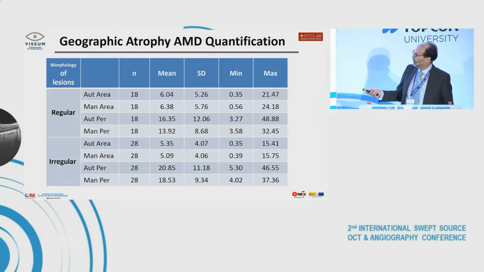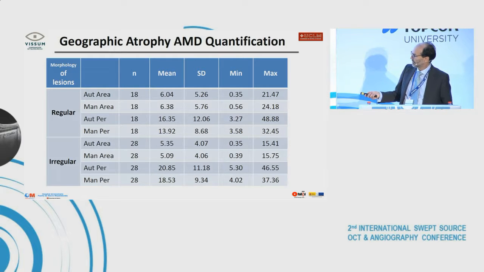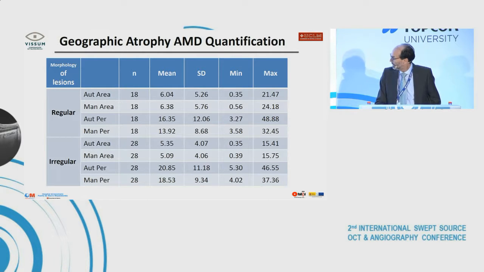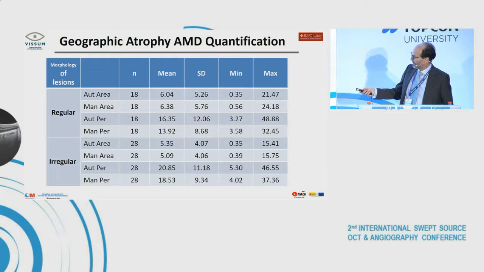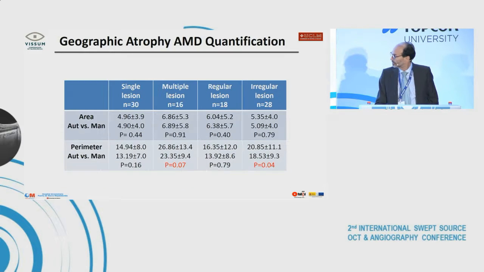According to morphology, the results were very similar. The area is very close between automatic and manual area in regular lesions, 6.04 versus 6.38, and in irregular lesions, 5.35 versus 5.09. The perimeter was also very similar, but with more differences between manual and automatic measurements.